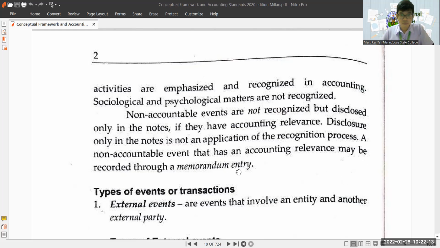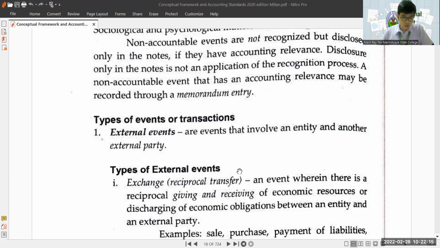Okay, let's proceed. We go to types of events or transactions. So, medyo mahaba-haba ito yung explanation, pero I'm not gonna focus on those. Doon lang tayo mag-focus sa types of events or transactions. So, basically, there are only two types of events or transactions. It could be external events or internal events.